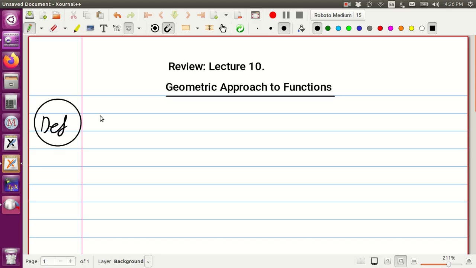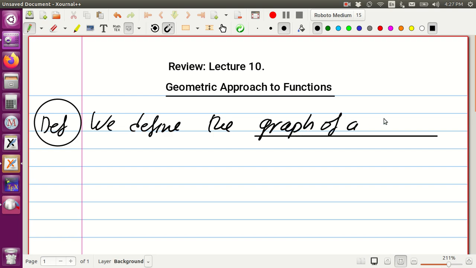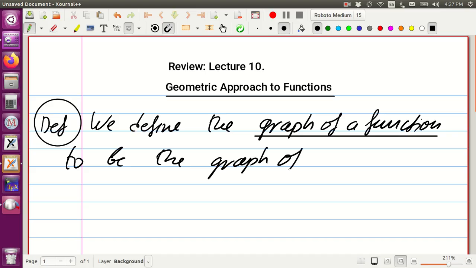And our definition would be like this. We define the graph of a function to be the graph of the equation y equals f of x.